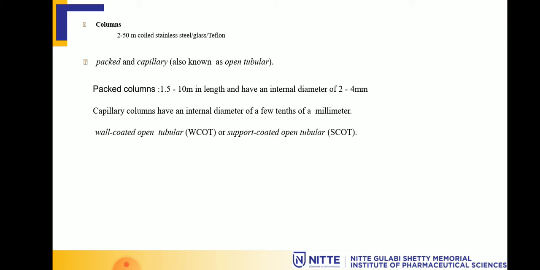Apart from that, the fused silica wall coated column came into the market. The coating on the surface was done with silica embedded with metal oxide, which generally increases the strength of the silica.